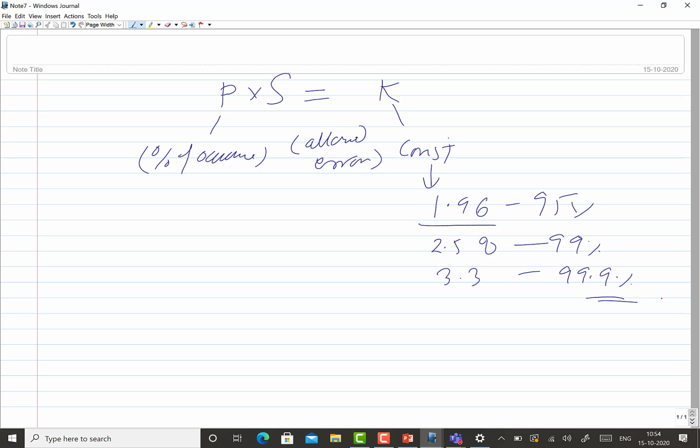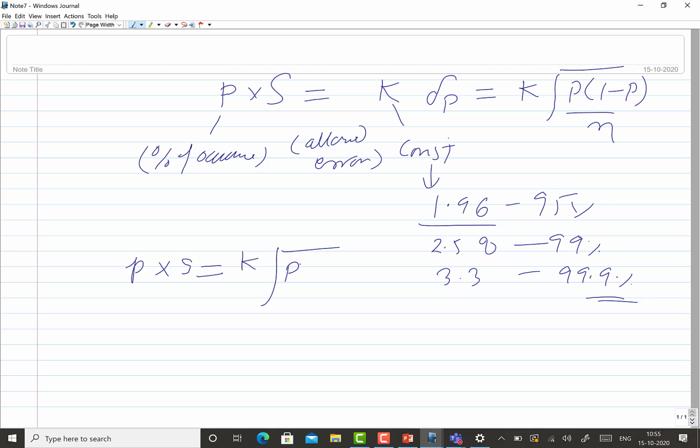And then sigma P is the standard deviation that is identified. So we can further write this equation as P into S equal to K into sigma P, so P into S equals K times the square root of P into 1 minus P divided by N. Now this is what is used.